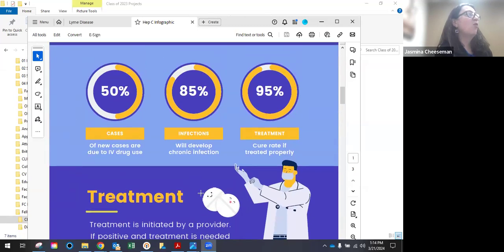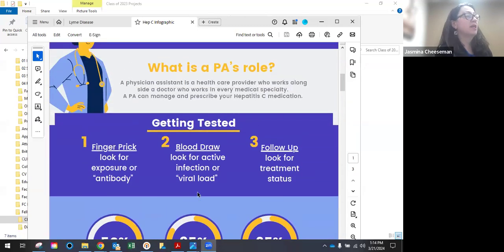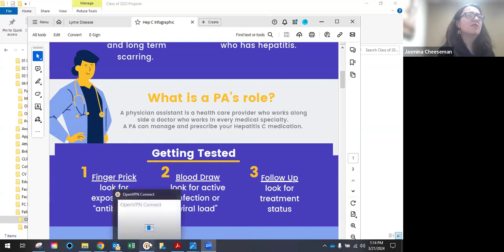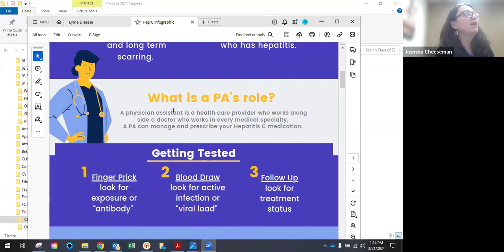Right? Now, an additional layer to this is PA advocacy. So in the state of Indiana, PAs are still not always recognized, and there's a lot of misunderstanding in the community who we are, what we can do. So I wanted them to insert a little blurb about PA's role. And so it's advocating for the profession as well at the same time.